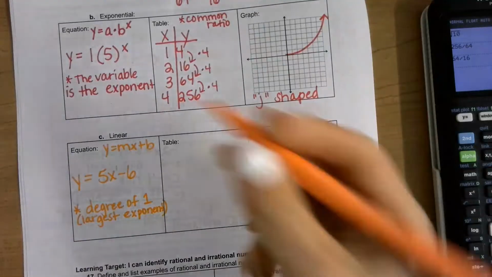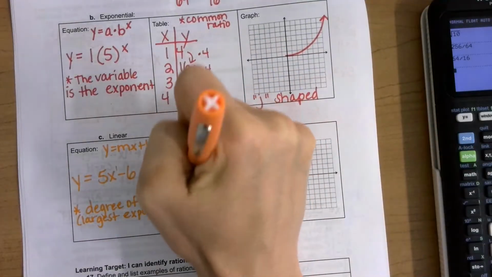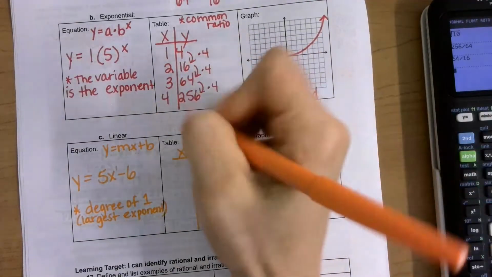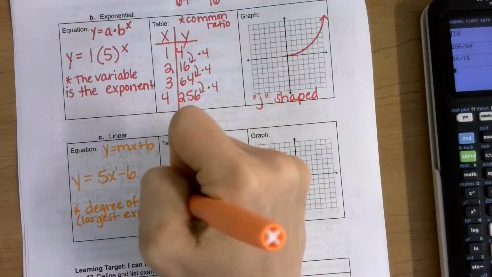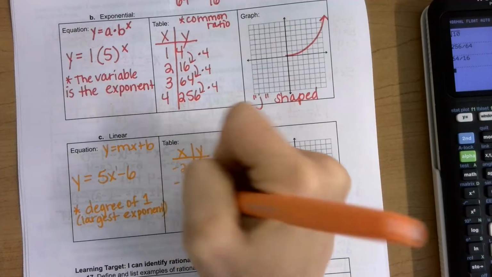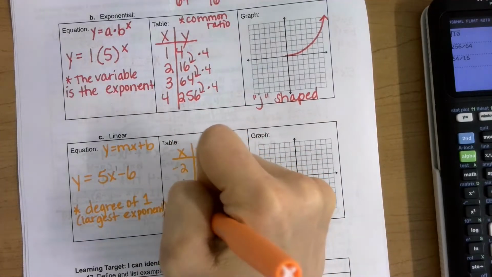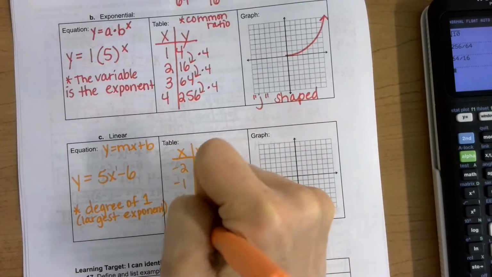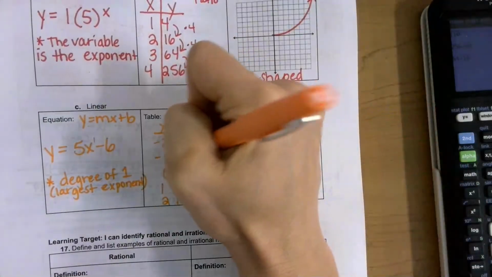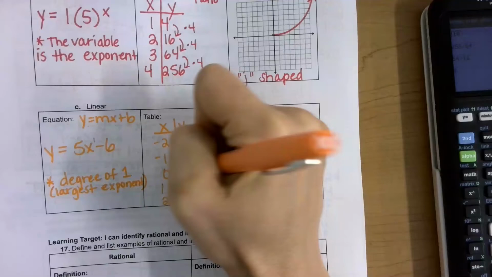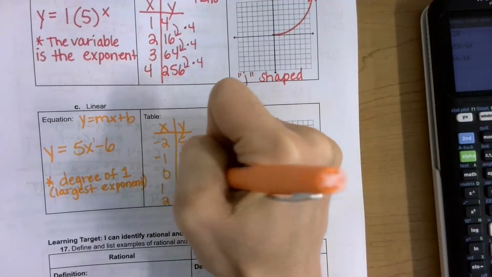All right, for a table, I used -2, 5, -1, 10, 0, 15, 1, 20, 2, 25. Linear functions have to have a constant rate of change, so each time it's plus 5, plus 5, plus 5.